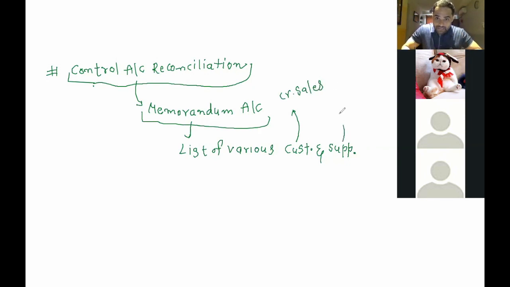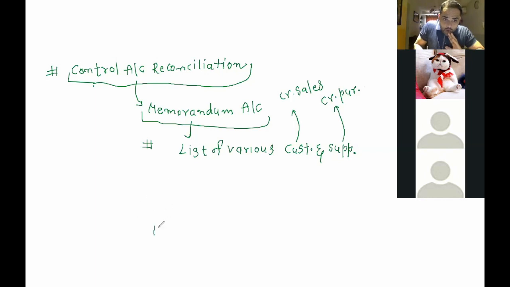And supplier means a credit purchase, the group of people from whom we purchase a material on credit. So the list of customers and supplier is called memorandum accounts, right? Okay.